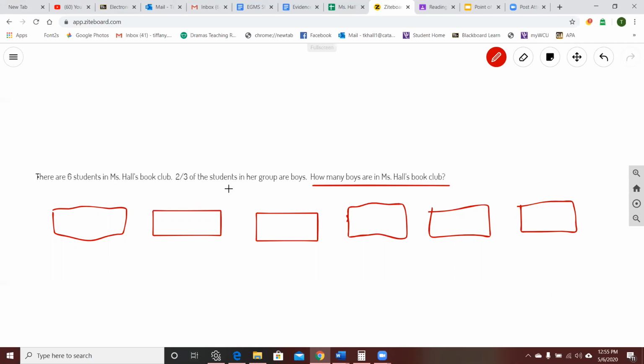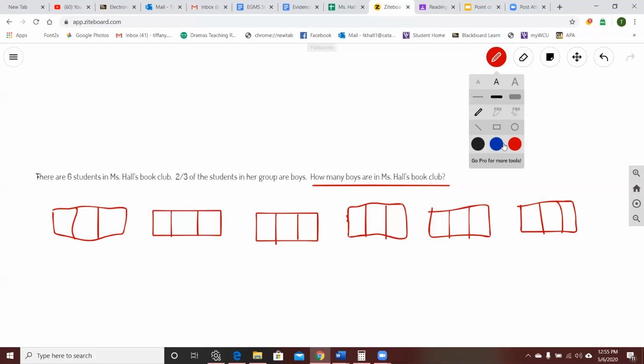2/3 are boys. So 3 is our denominator, so we need to cut each one of these into thirds. And then how much does it say should be shaded in each one? Well, it says 2.